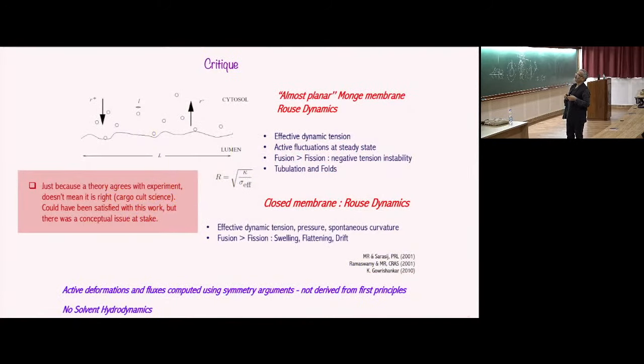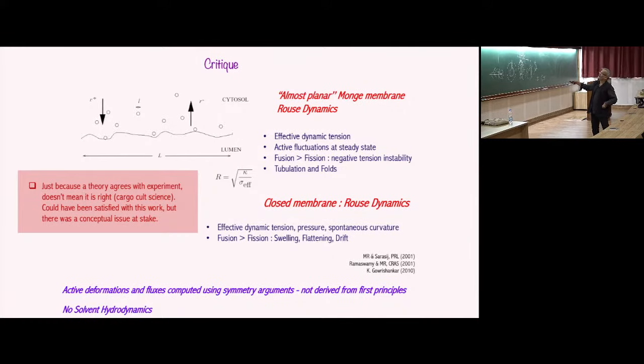Now I wanted to make this statement. Remember, in the initial part of yesterday, we talked about a nearly planar membrane. And we had vesicles which came in and went out, both a nearly planar version and a closed membrane version. And they gave rise to the following predictions, which also came out from the more sophisticated theory, but which are borne out by experiments conducted by various groups.